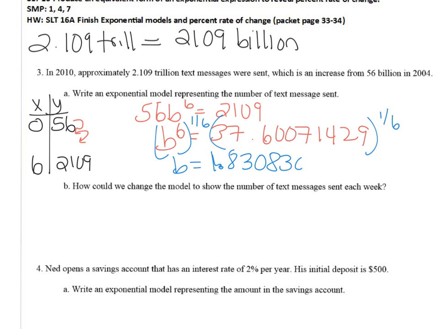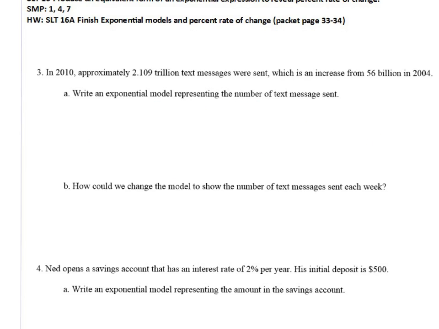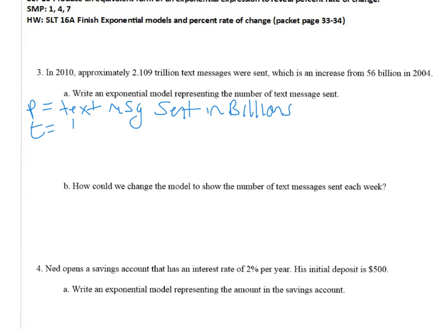Oh, okay. So now to write my equation, and don't forget to define your variables. So I'm going to say P is text messages sent in billions, and T is time in 1 year increments.